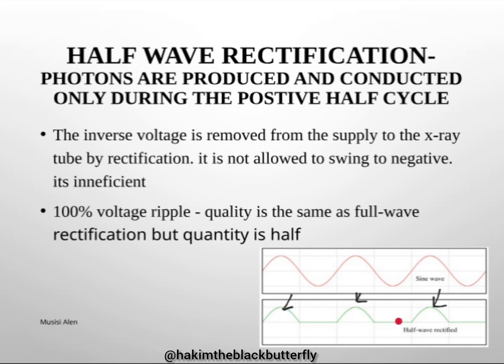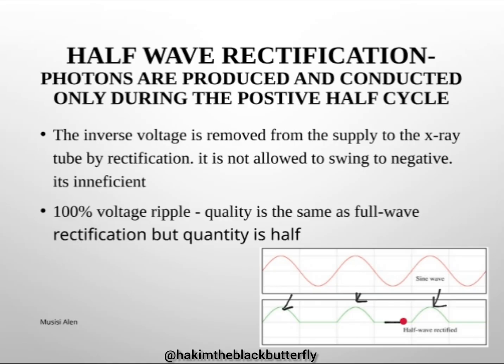There are times when the voltage is zero. So at these points here, we don't have any supply of voltage to the X-ray tube, so there is no X-ray production. X-rays are only produced when the positive half cycle flows through the X-ray tube.